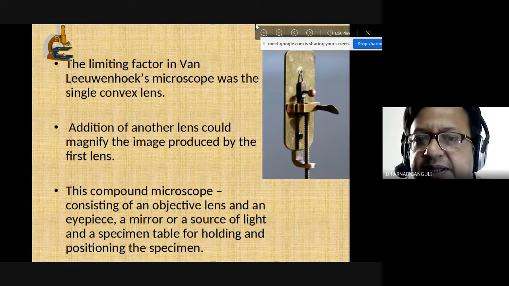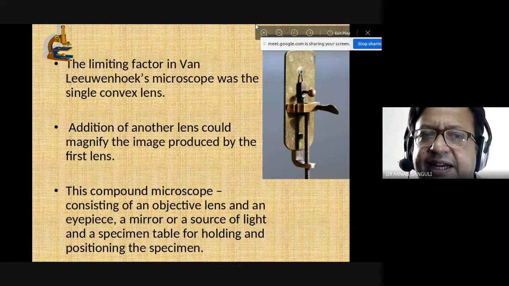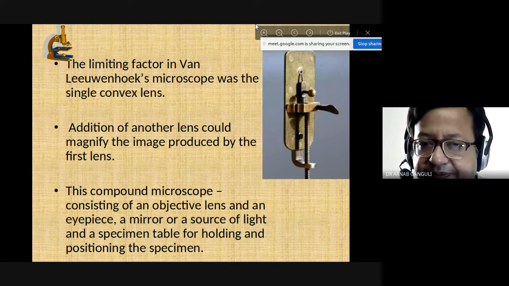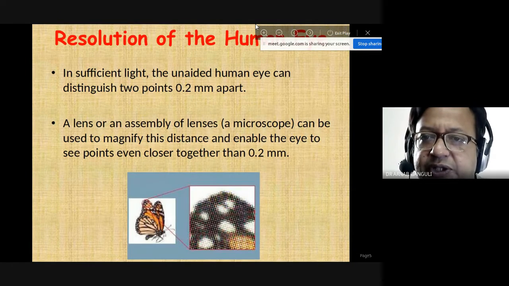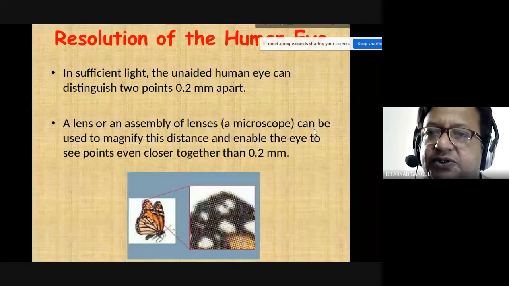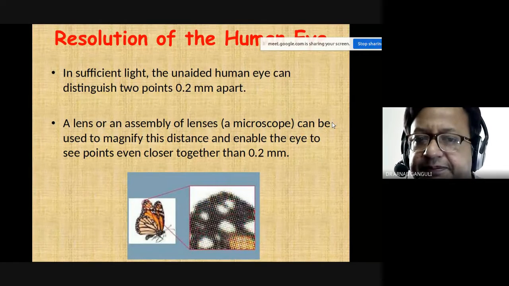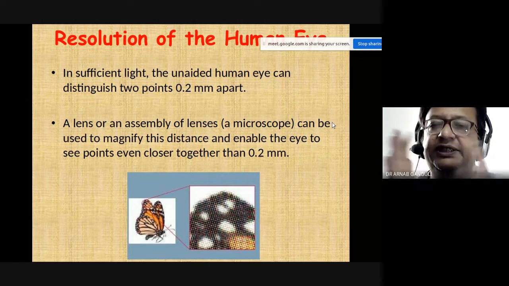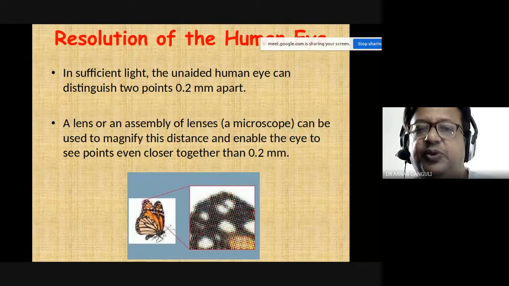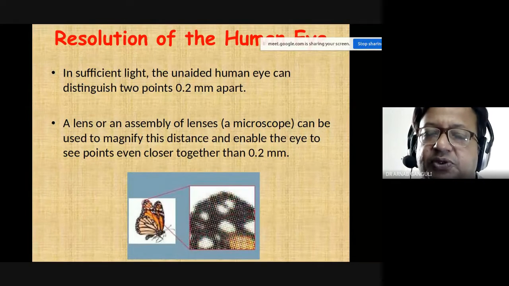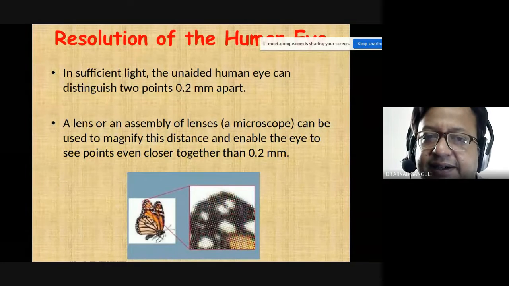Magnifying glass type. Then compound microscopes were used. A compound microscope used a system of lenses, not one lens. So simple microscope used one lens, and a compound microscope used many lenses.